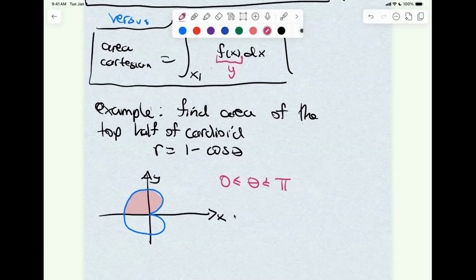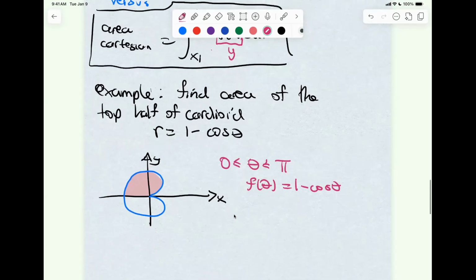And f of theta would be 1 minus cosine of theta. So the integral for the area would be the integral from 0 to pi of 1/2 of the function squared, right? That's what you need to remember.